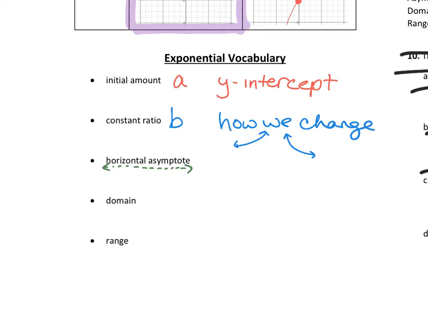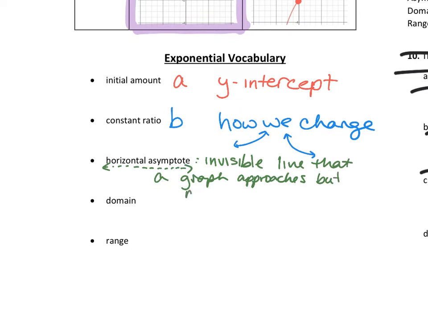A horizontal asymptote is kind of like the annoying little brother, or older brother in my case, that's saying I'm not touching you, because it is defined as an invisible line that a graph approaches but never touches.